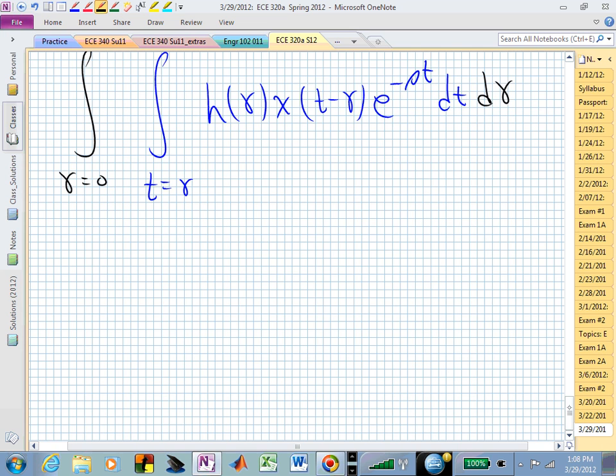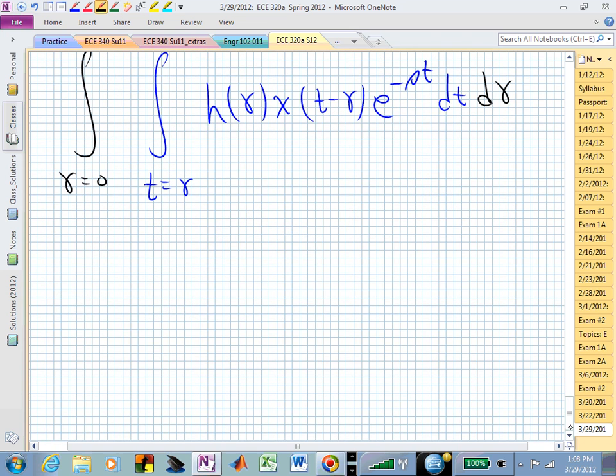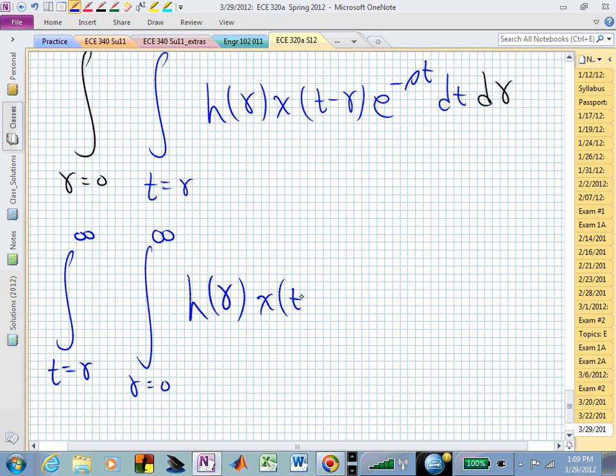So if I now interchange my integrals, I have this integral from t equals gamma to infinity. And I have this integral from gamma equals 0 to infinity of h of gamma, x of t minus gamma, d gamma.